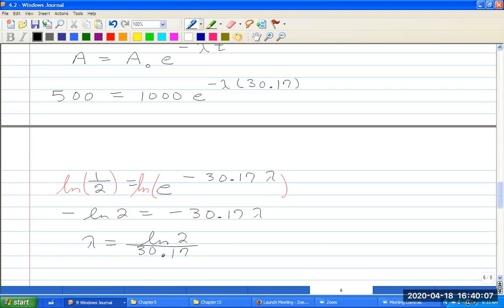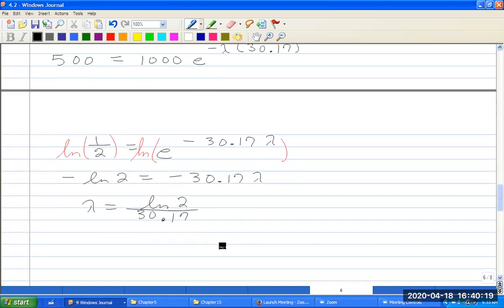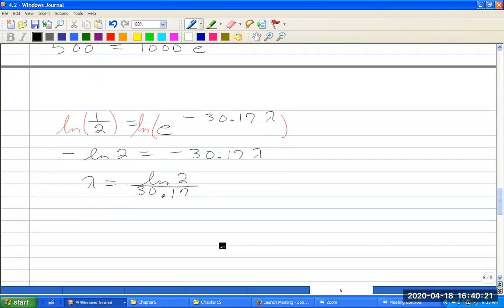Notice I could have gotten that originally because I know that the half-life is ln 2 over λ. So λ is ln 2 over the half-life. And so we derived that, but we also had that formula from above.